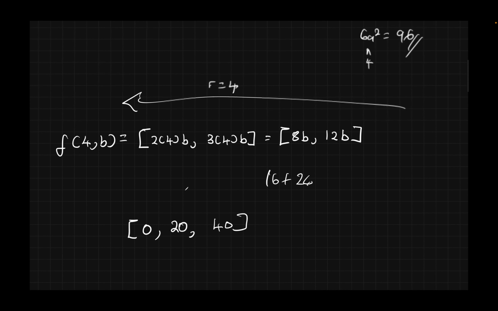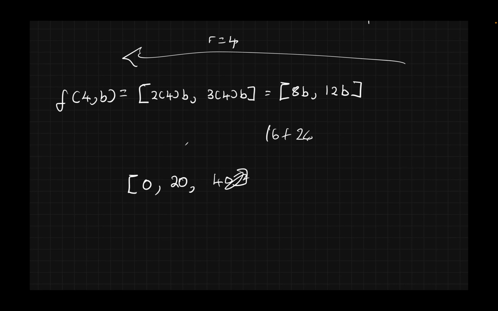So 8 times 12 is what? 96, right? So this from 0 times 0, this one is from 8 times 12, and this one is from 16 times 24.